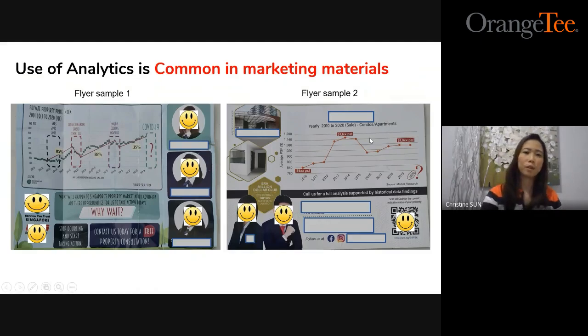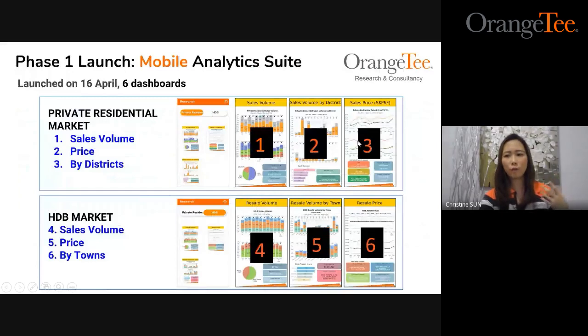To give a very quick recap of what we've done, for the phase 1 launch that took place about 1.5 months ago, we have the mobile analytics suite. If you go to our OrangeTee app, you'll be able to see this new module that's been added. If you go in, you can look at research, and then you can see this.